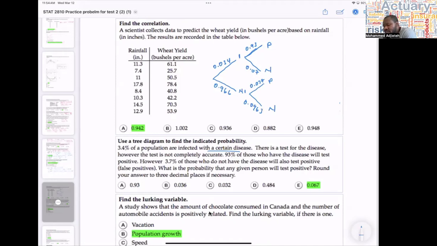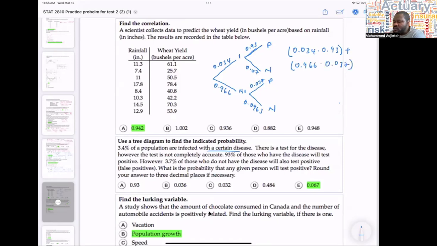What is the probability that any given person will test positive? To find that probability, it's just going to be you have the disease and you test positive, 0.034 times 0.93, or you don't have the disease but you test positive, that's a false positive, 0.966 times 0.037.